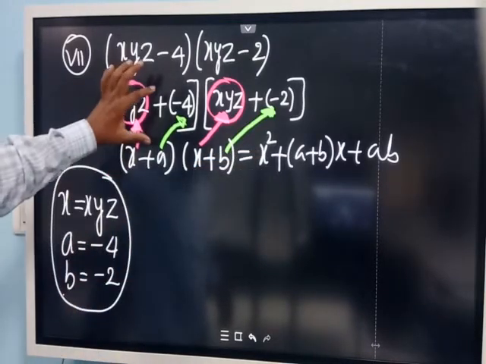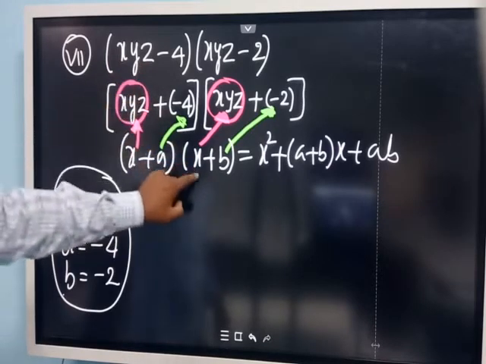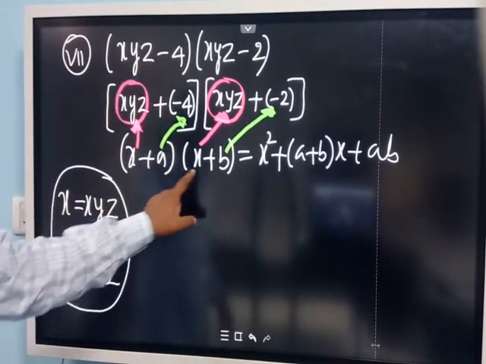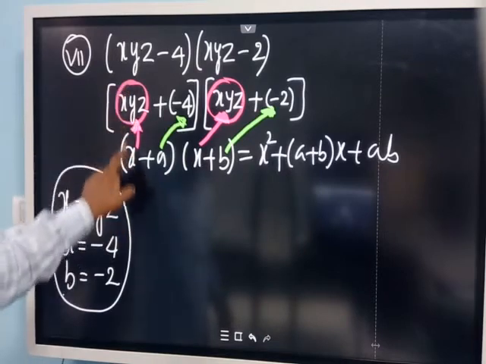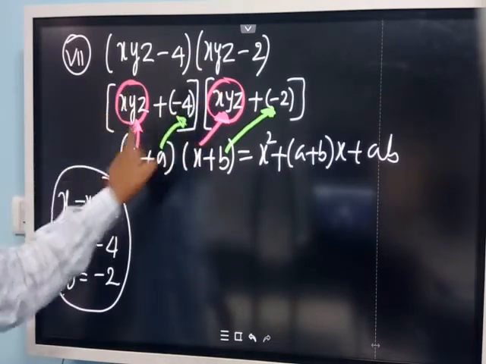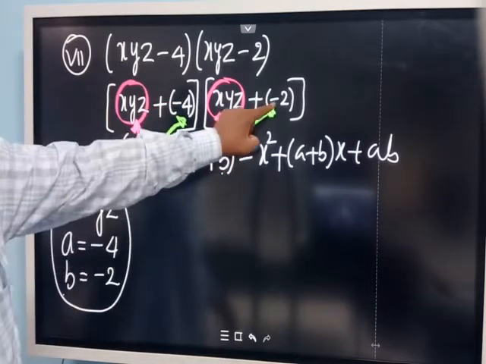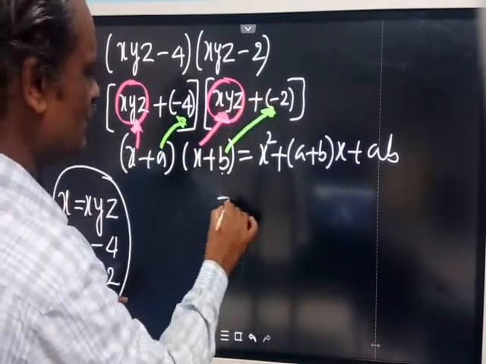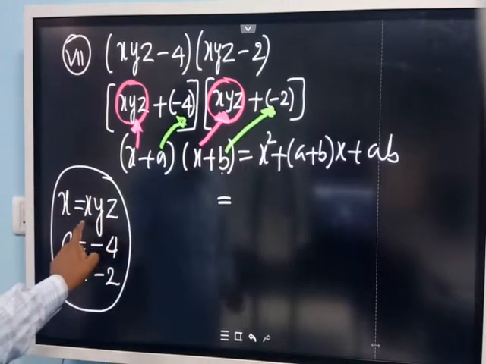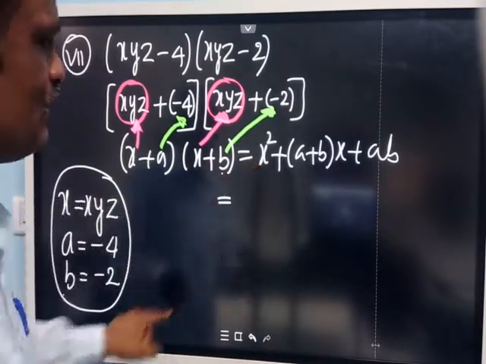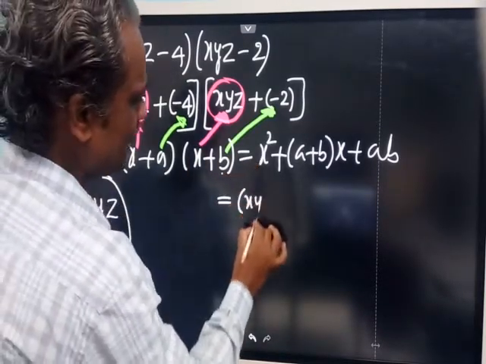Again, compare this one, look at this x. X is in two places, here and here. x is equal to xyz, whereas a value is equal to minus 4, b value is equal to minus 2. Substitute in the formula. x square, x value means xyz. Wherever x is there, you have to write xyz.